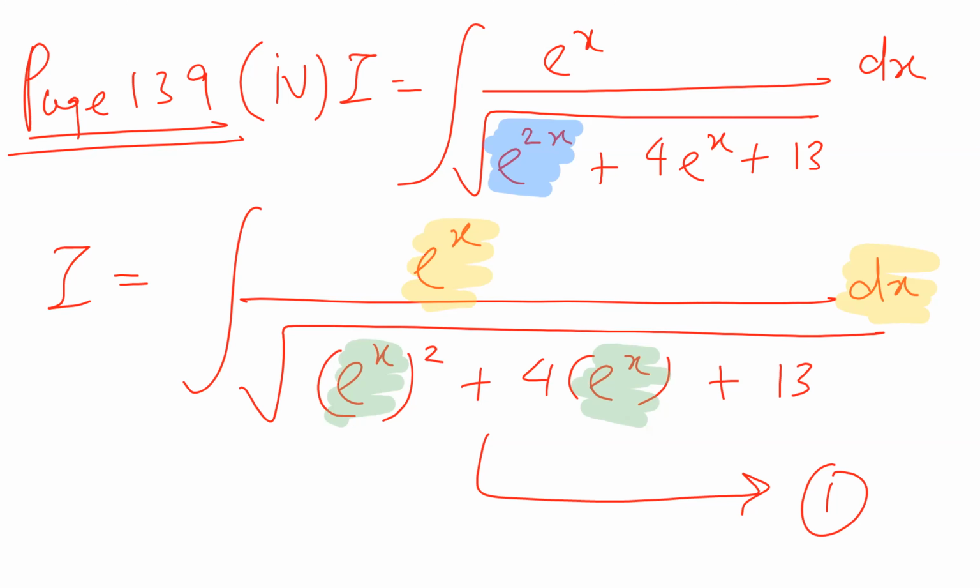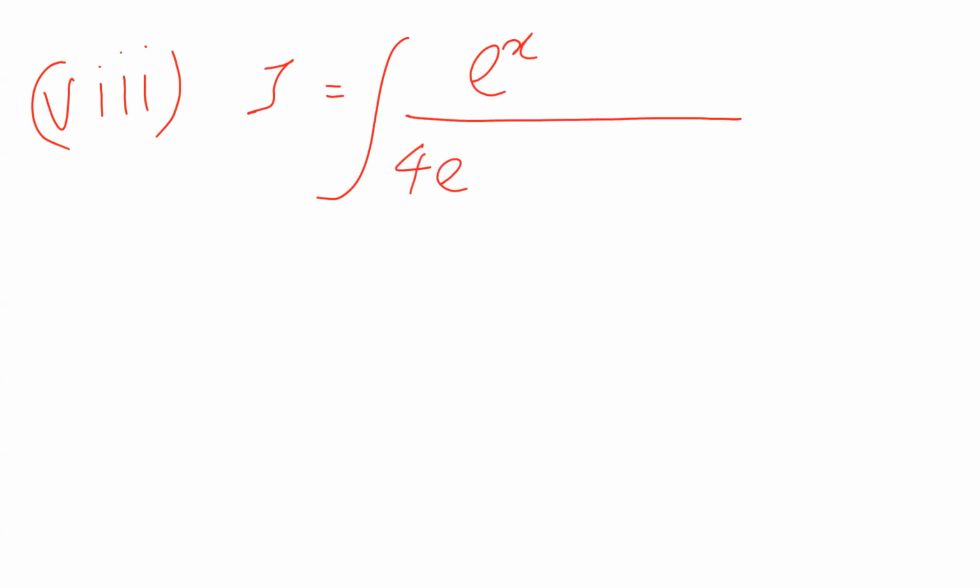Page 139, question number 8 on the top. E raised to x, 4 e raised to 2x minus 1.